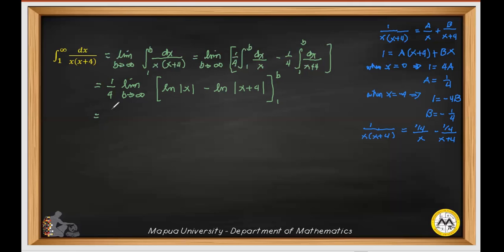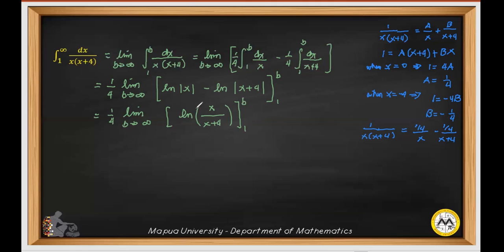And we have 1 over 4 times the limit as b increases without bound of the natural logarithm of x divided by x plus 4, and this will be evaluated from 1 to b.